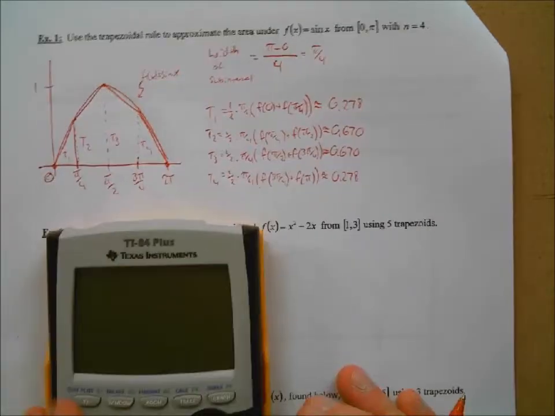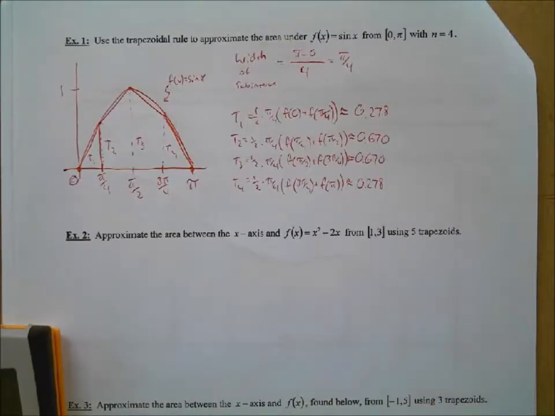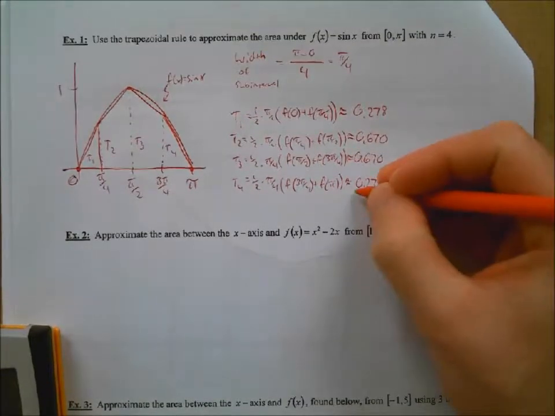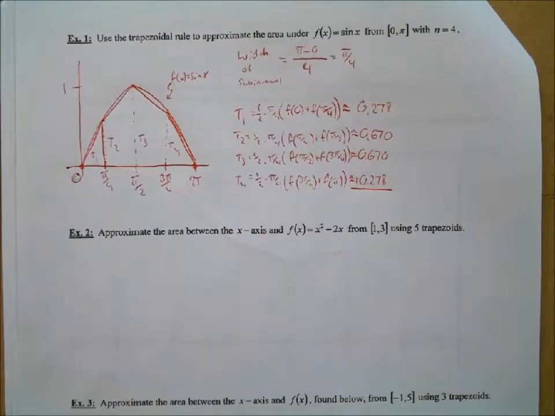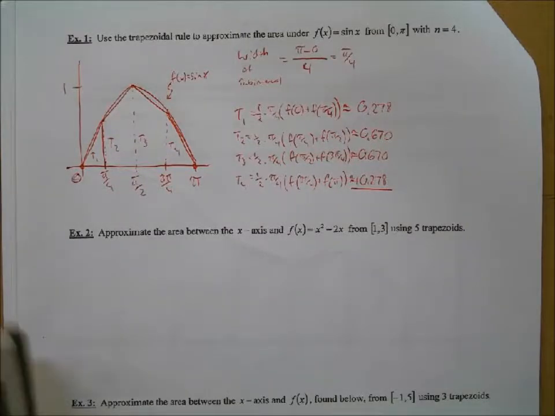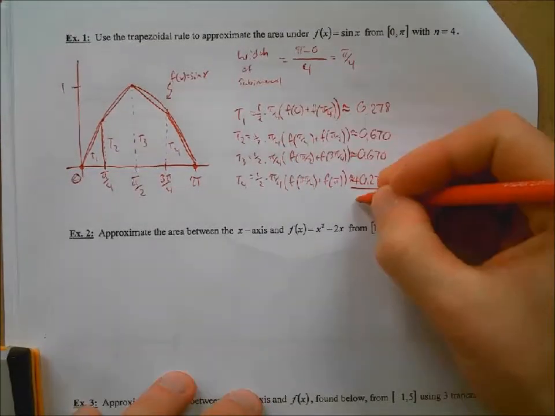So you can take advantage of the symmetry here too, and actually realize we're going to get the same values there. And so then if we add these all up, okay, we get about 1.896.